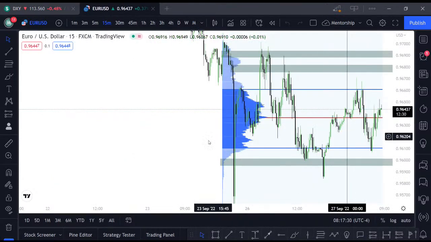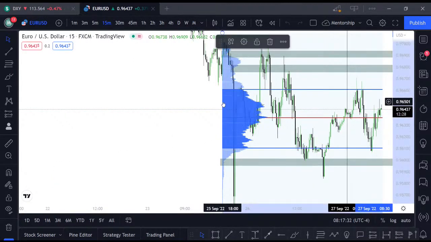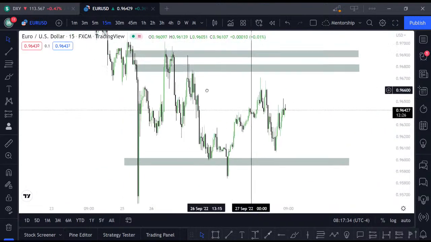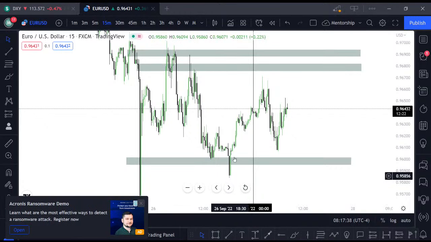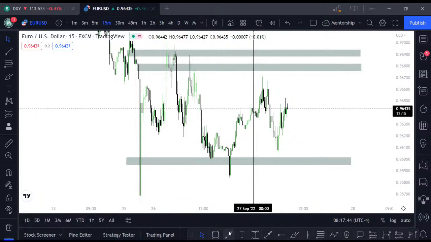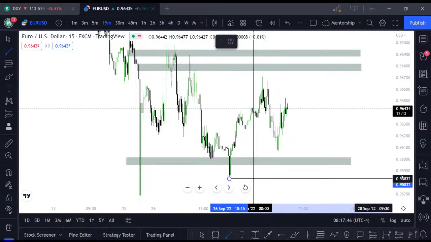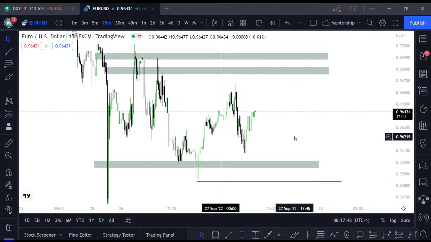Let's come to the euro dollar. Let me get rid of this. So on the euro dollar, we are consolidating between this high and this low. Remember, we all know that if the dollar is buying, the euro will sell.